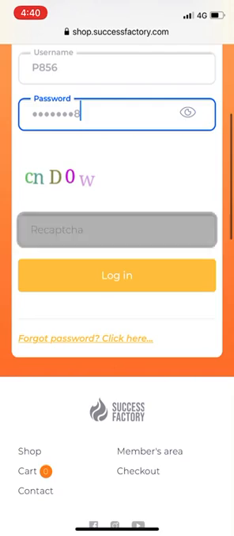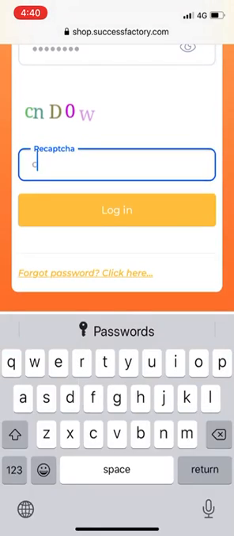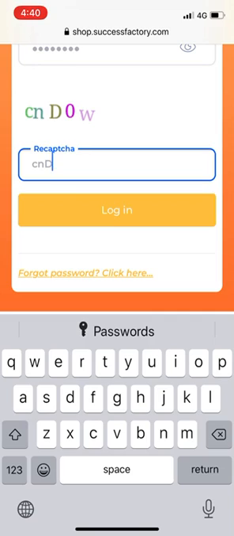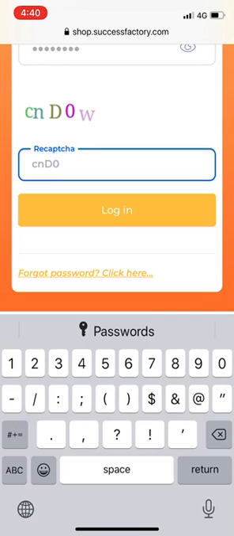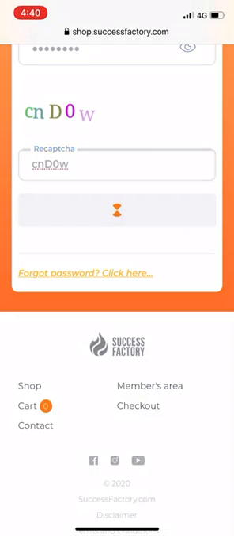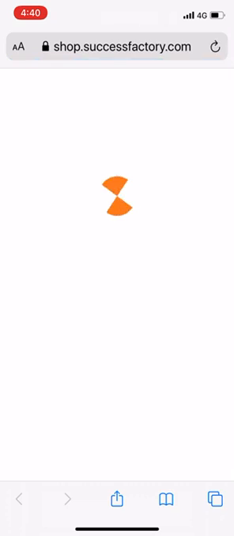And now I have to do extra security, capital D, zero, little w. Okay, log in. Okay, we're logged in. Now I'm going to log into the members area.